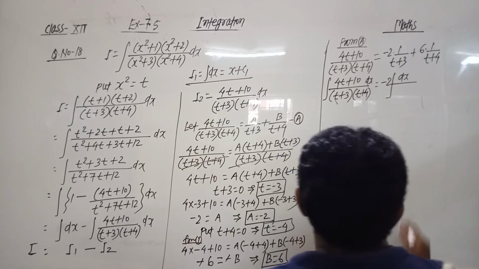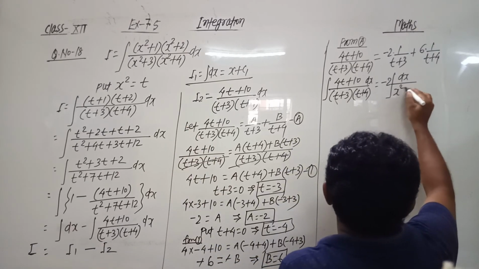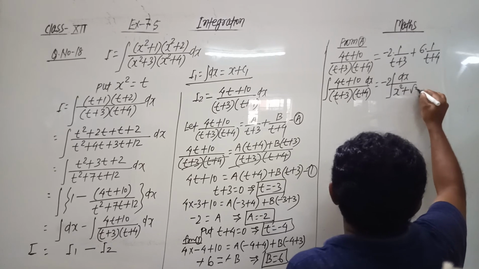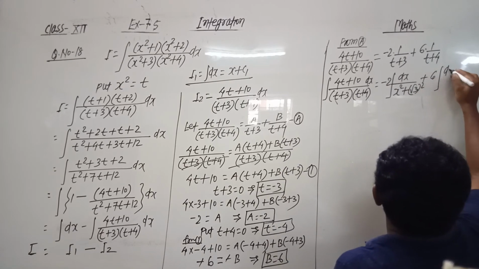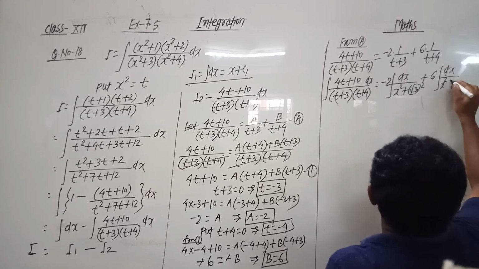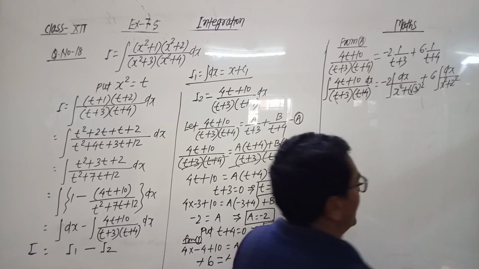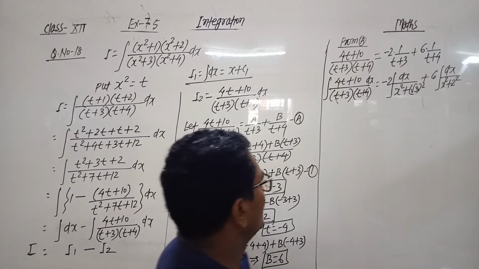The value of t was x square. x square plus 3, written as root 3 the whole square, plus 6 integration dx upon x square plus 4, written as 2 the whole square.